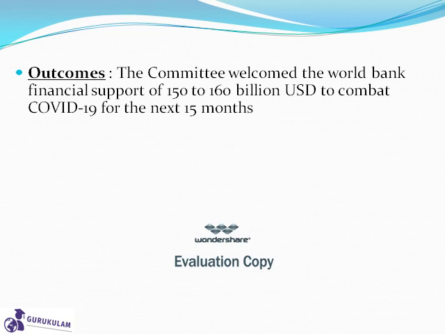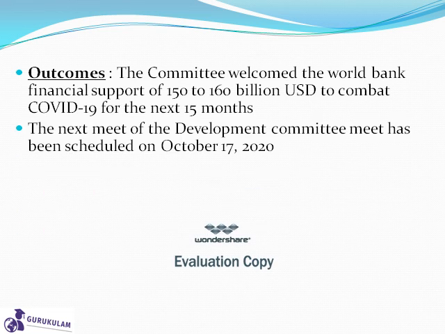So the outcome: the committee welcomed the World Bank financial support of 150 to 160 billion USD to combat this problem for the next 15 months. The next meet of the Development Committee will be on October 17, 2020. So it has been scheduled on October 17 of this year only.